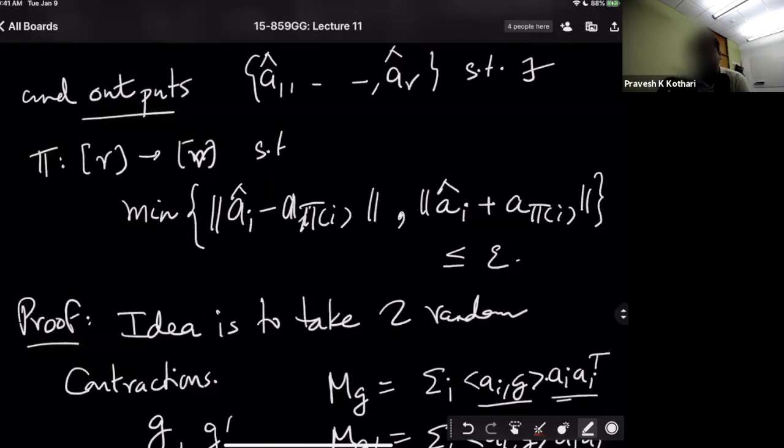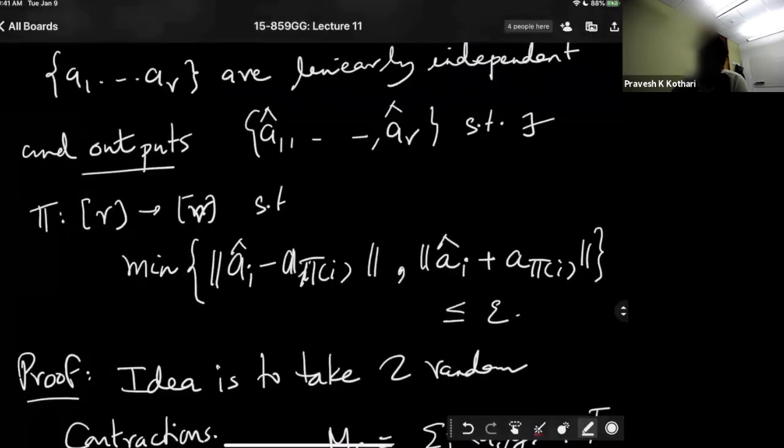There is a notion called the condition number of the matrix, with the a_i's on the rows, that I have to deal with. And so the running time and the error guarantees of the algorithm would depend on the condition number of the vectors. But I won't go into those details, at least for our purposes.